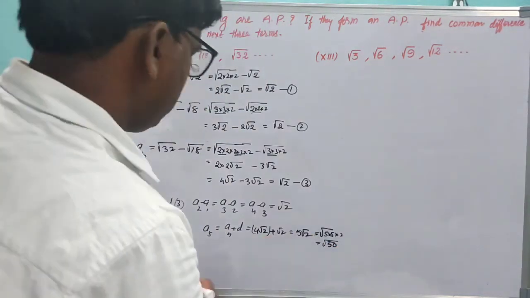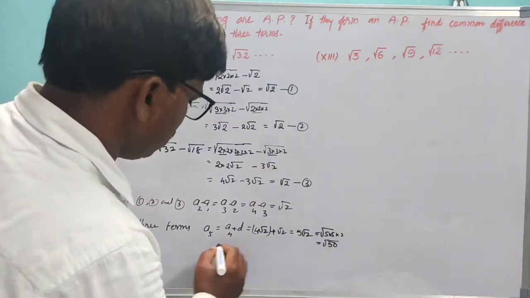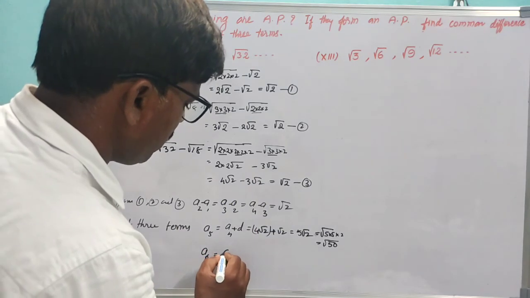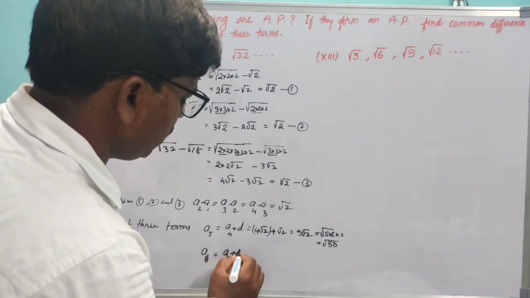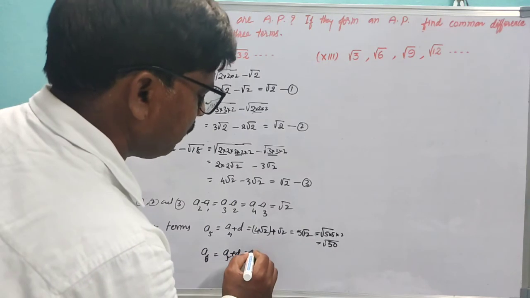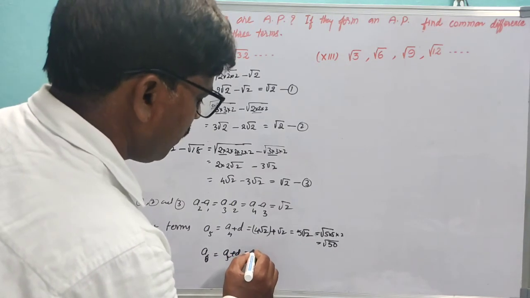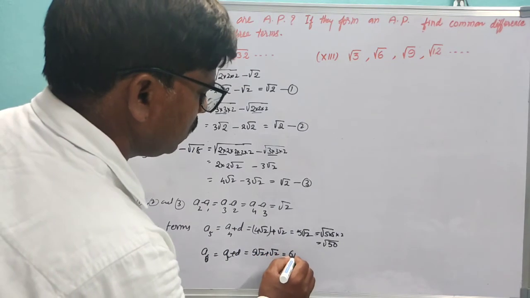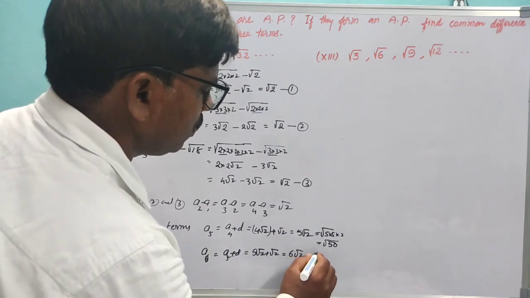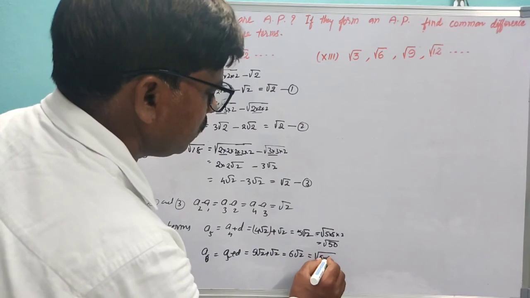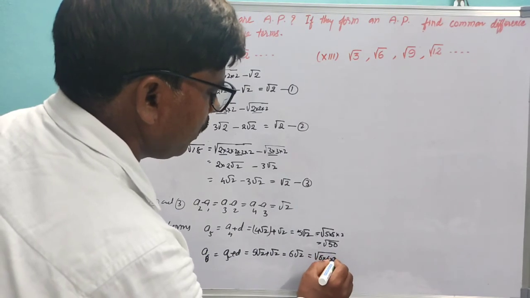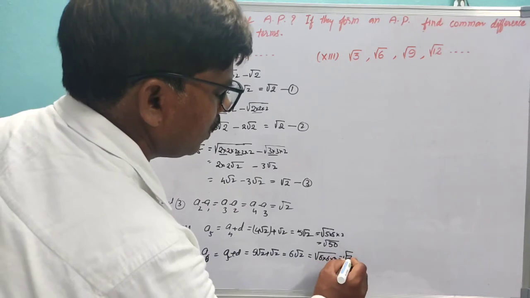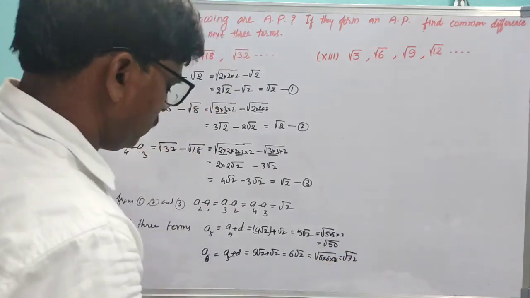So this is the fifth term, and the sixth term is equal to the fifth term plus d, that is 5 root 2 plus root 2, which is equal to 6 root 2, which is equal to under root 6 into 6 into 2, 6 6s are 36, 36 2s are 72, under root 72.